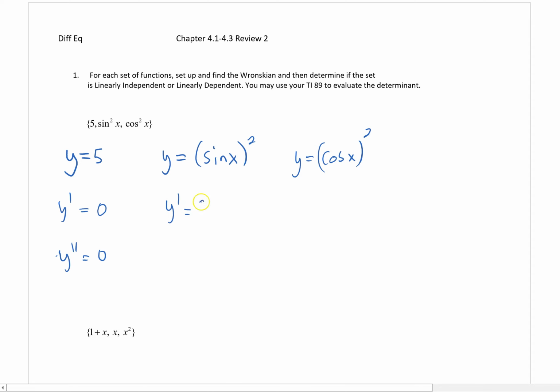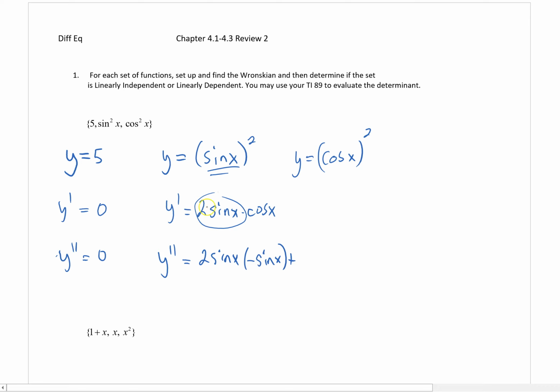Y prime here, we'd get 2 sine of x times, well, now we'd need to do the chain rule. The derivative of sine is going to be the cosine of x. And then as we take a second derivative, we're going to need a product rule, aren't we? We'll have 2 sine of x times the derivative of cosine, which is negative sine of x.